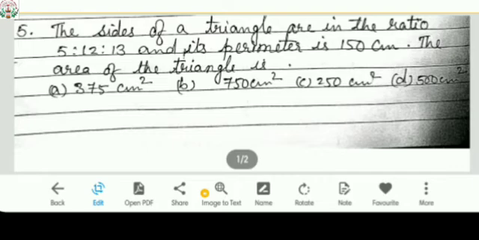Formula you all know, that is area equals square root of S into S minus A into S minus B into S minus C. So put the values of all, that is S, A, B and C. On simplification, what answer you are going to get out of these 4, you check it out, and that will be the correct answer. Okay.